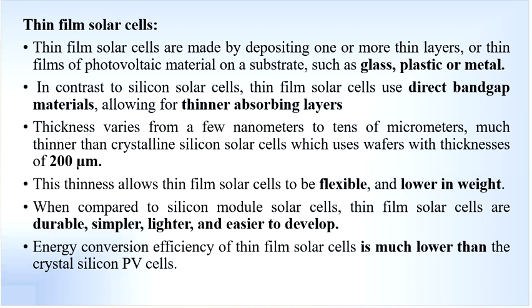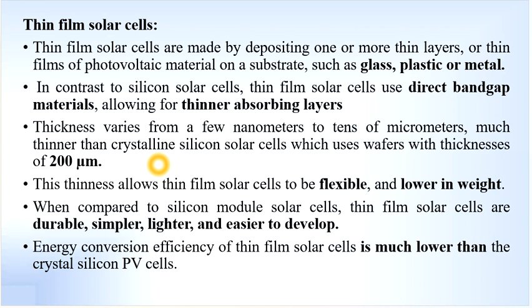Okay, so in contrast to silicon solar cells, thin film solar cells use direct band gap materials, which allows for thinner absorbing layers, and this thickness varies from a few nanometers to tens of micrometers, much thinner than crystalline silicon.